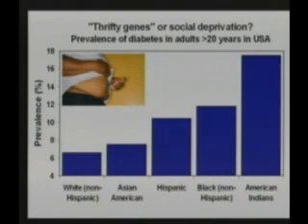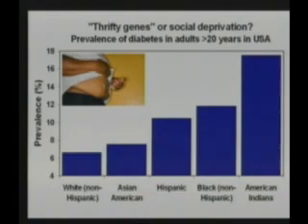And the provocative observation has also been made that diabetes rates have different prevalences in different racial groups. These are data for the population of the United States, and you can see from this graph that American Indians and blacks in the United States have substantially higher prevalence rates of diabetes than other groups in the population. So why is that?